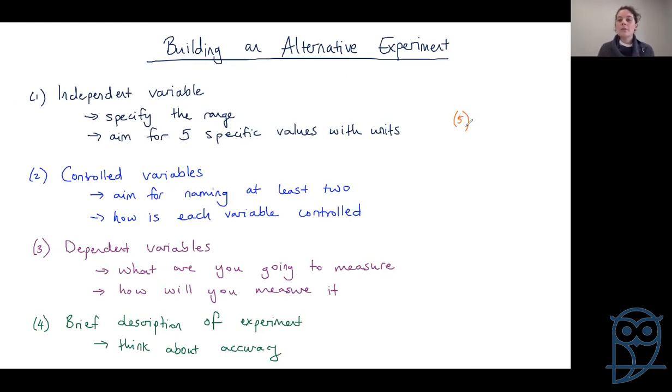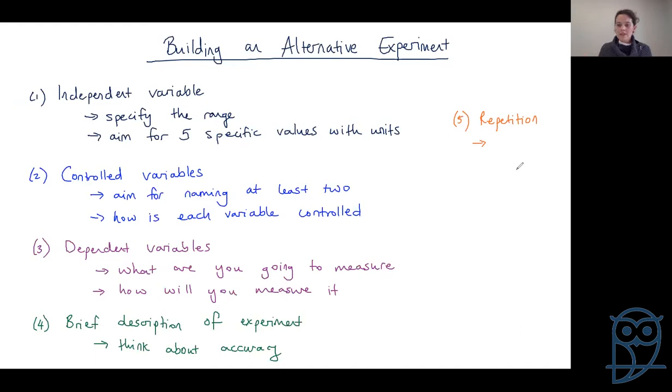So how are you going to make your experiment reliable? You're going to repeat it. Every time you do an experiment, when you're building an alternative experiment, you're going to include repetition. And you're going to play safe, and you're going to always repeat a minimum of 5 times.